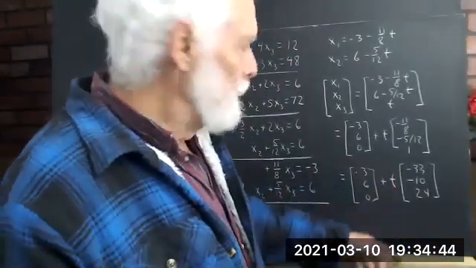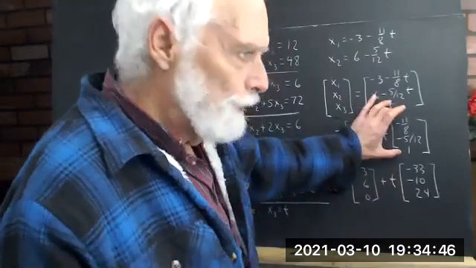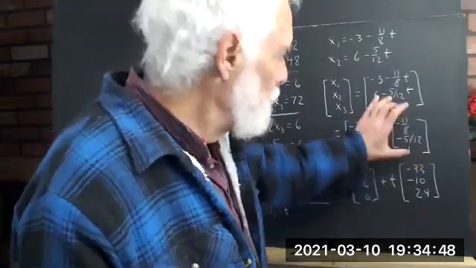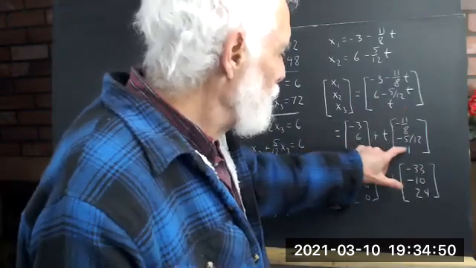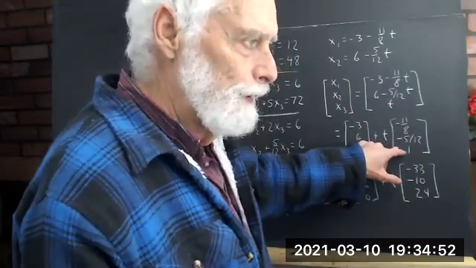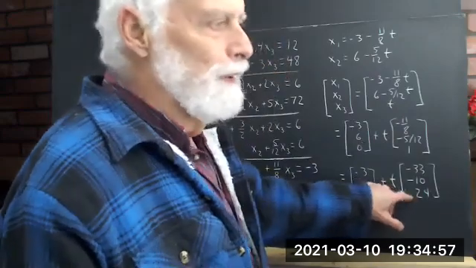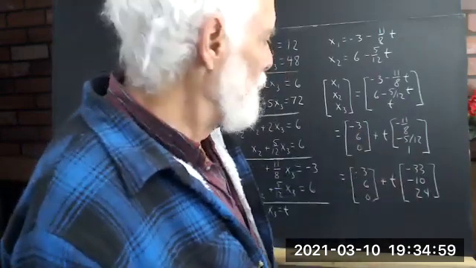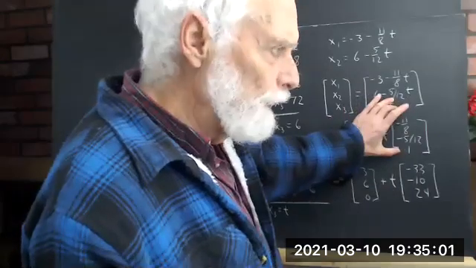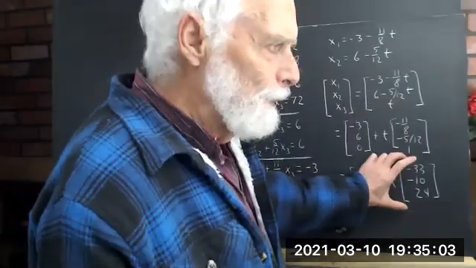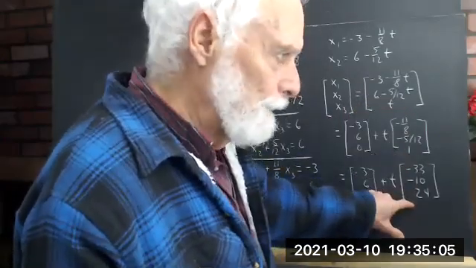And that's legal because any multiple of this, well, this is a multiple of this. So any multiple of this by any t can be expressed by multiplying this by just a different t. In other words, the set of all multiples of this vector is the same as the set of all multiples of this vector.